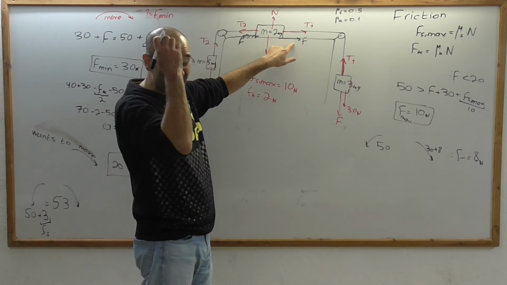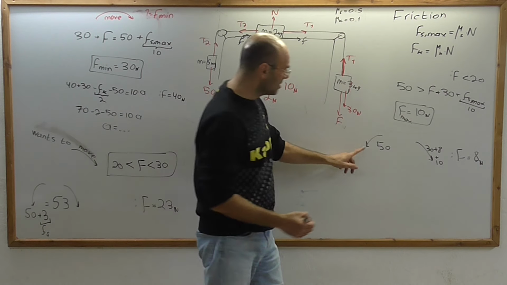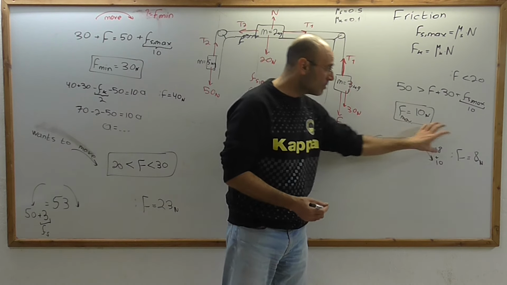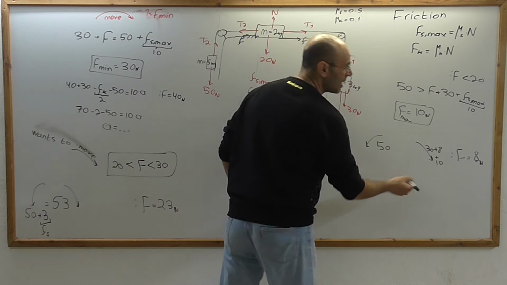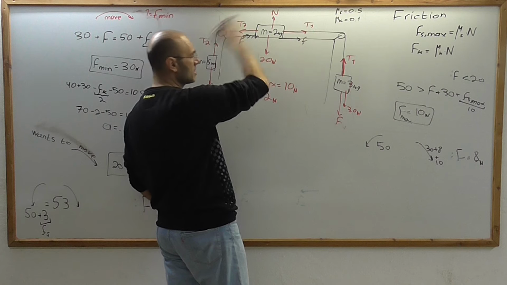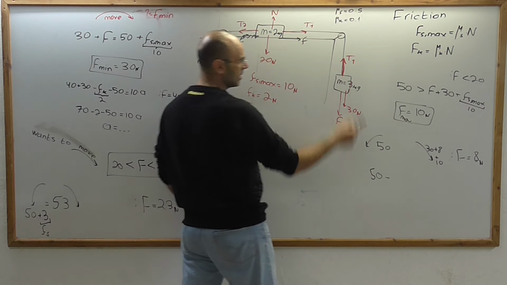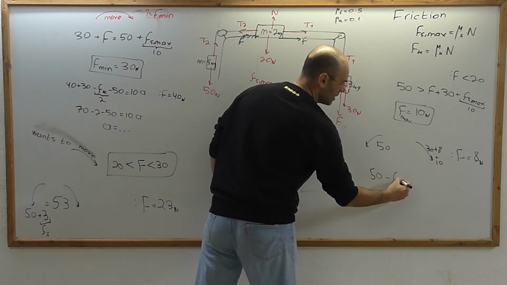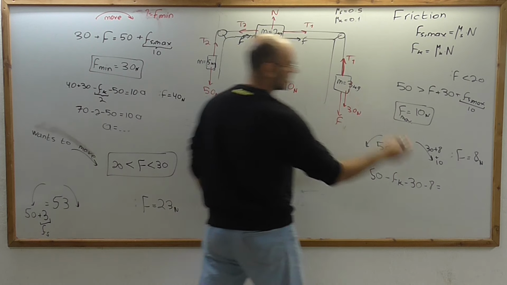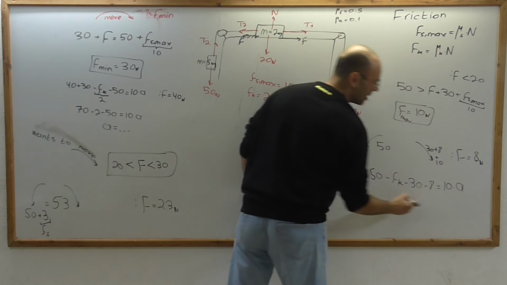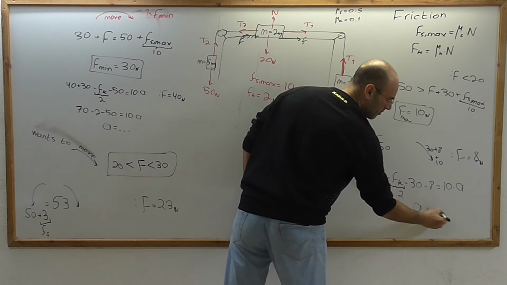The maximum that I can get here is 10, but even if I add the 10, the 50 will overcome those, so the system will accelerate. I can find the acceleration with 50 minus F kinetic minus 30 minus F equals the mass of the system, which is 10, multiplied by a. F kinetic is 2, and you can find the a.